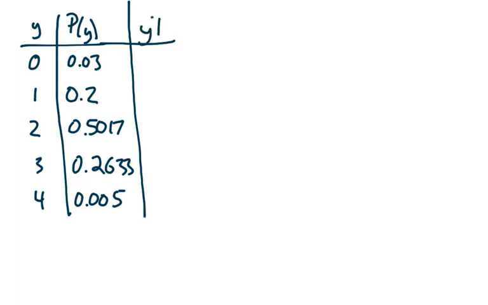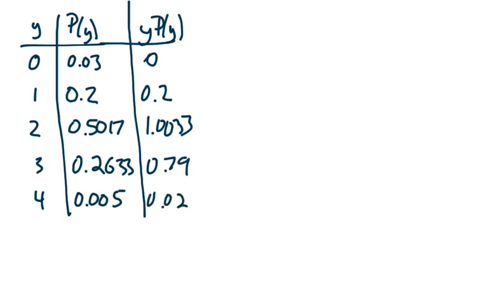One of the things I suggested you do was make a third column that has y times p of y, because those are the products we're going to need to add up. So we should get 0, 0.2, 1.0033, and we've got 0.79 and 0.02. Marvelous.